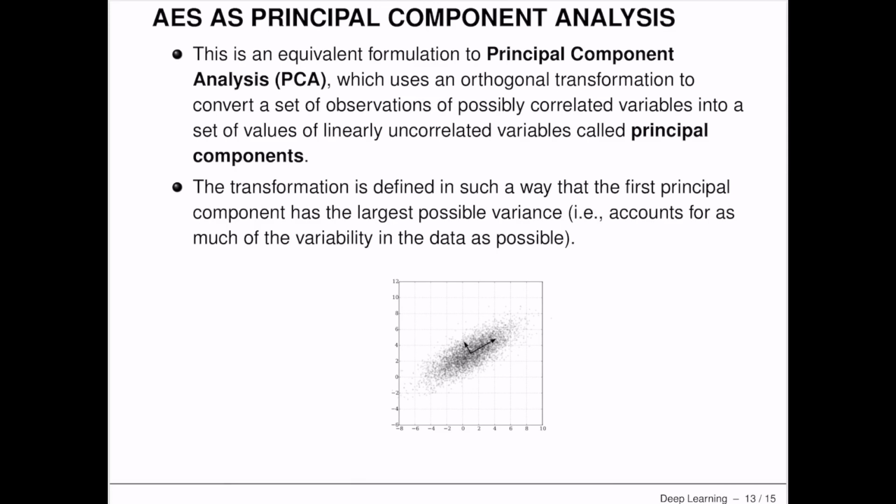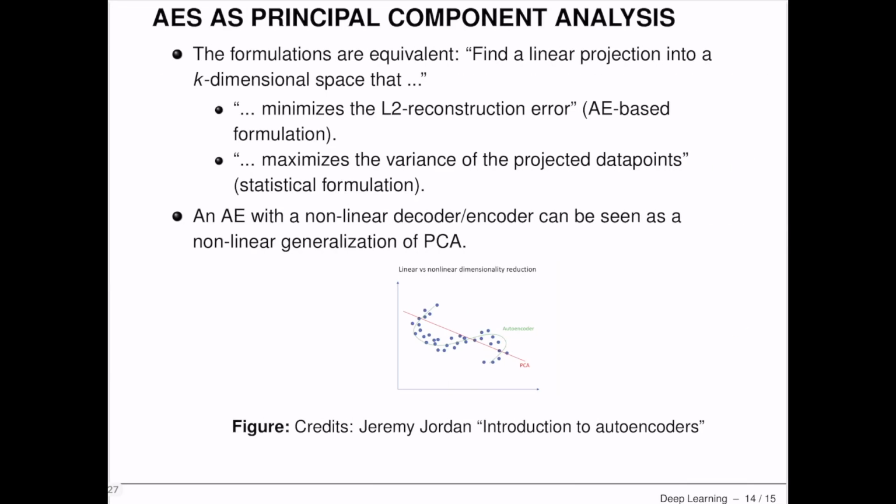After that, we search for the next component that explains as much as possible of the remaining variance. If you have never heard of principal component analysis before, that may be a bit difficult to understand, but the take-home message is that both formulations are equivalent.